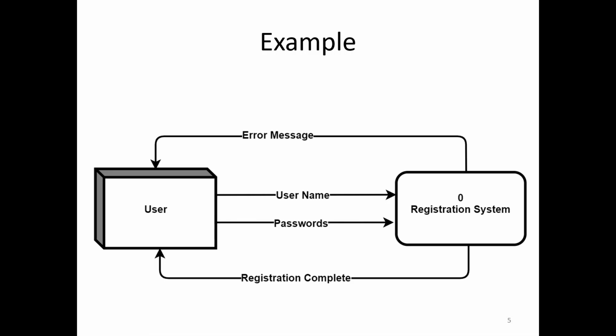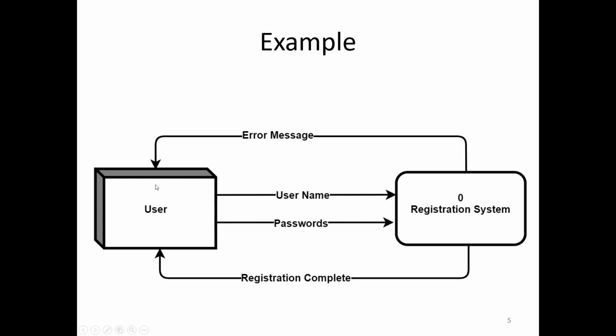On the other hand, this system also provides information to user, depending on whether the registration is successful or not. It either outputs registration complete information to user, or it outputs error message to user.